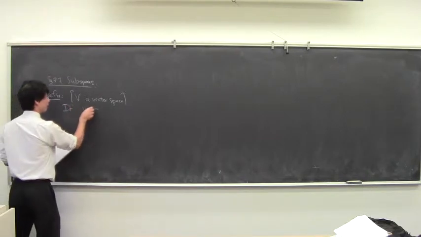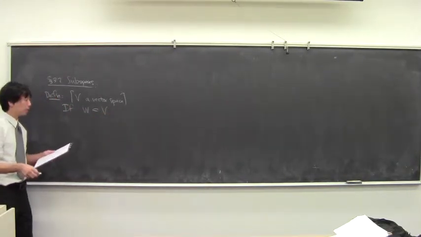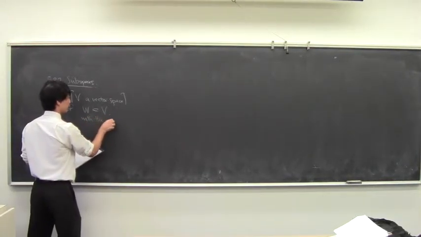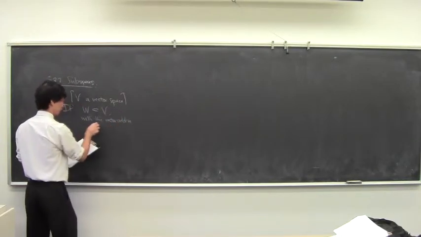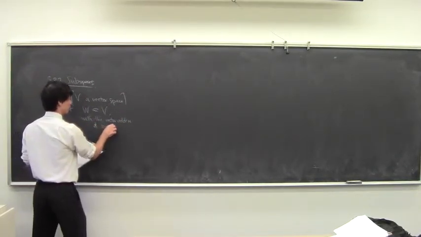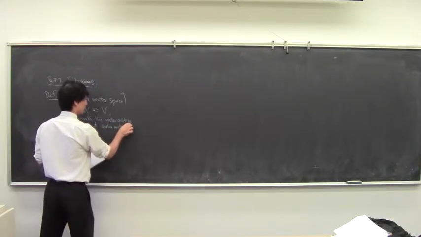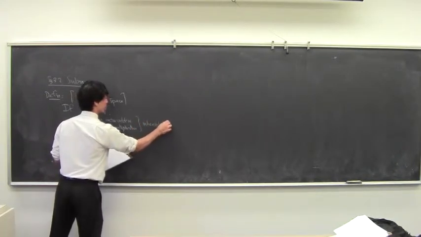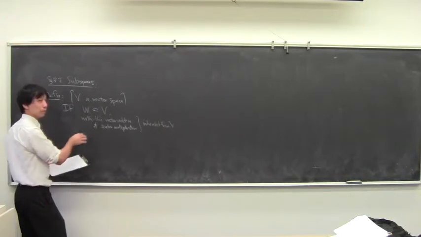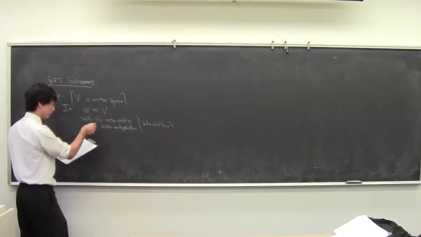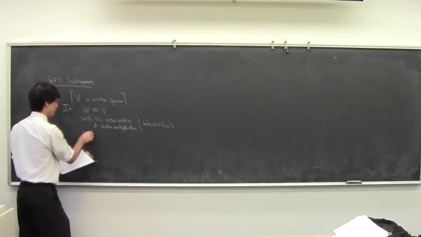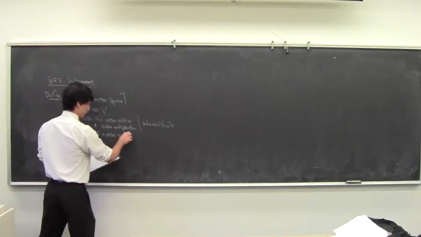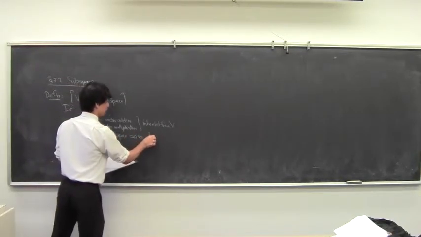If you have W, some subset of V, and if that W with the vector addition and scalar multiplication inherited from V is itself a vector space, then we call it a subspace.